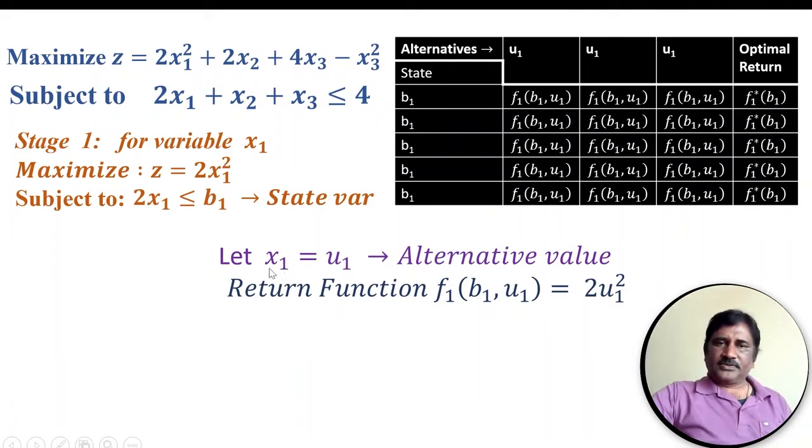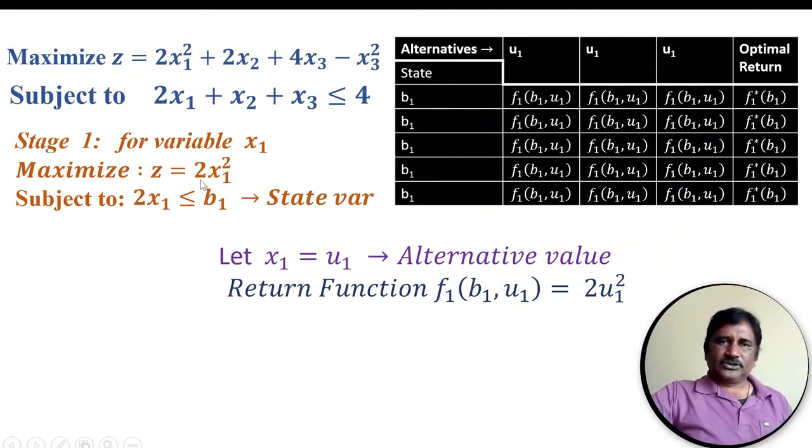So the alternative is x1 equal to u1. We will be taking various values of x1, and that we are calling the alternative. Return function f1 as a function of b1 and u1. Now we will put x1 equal to u1 in the objective function, which we also call the return function.